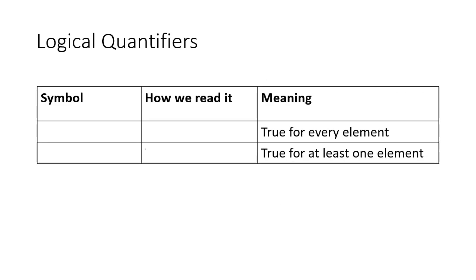Besides the basic symbols that we saw on the previous page, there are also these logical quantifiers. We only have two of them: "for all" and "there exists." This is pretty easy to remember with a mnemonic: "for all" looks like an upside-down A, and "exists" looks like a backwards E. Now, this is just here for completeness.